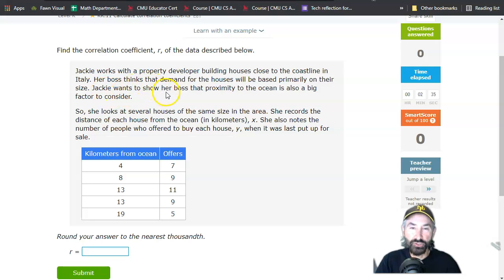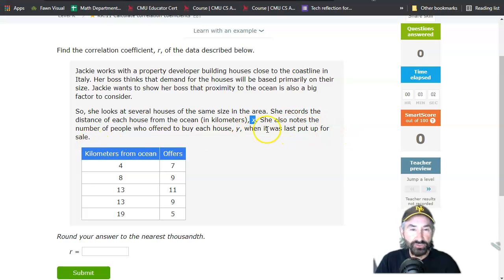So Jackie wants to show her boss that proximity to the ocean is also a big factor to consider. So she looks at several houses of the same size in the area, and she records the distance of the house from the ocean, and she calls that X, so it's obviously these numbers. She also notes the number of people who offered to buy each house, and she calls that Y, and it's these numbers.